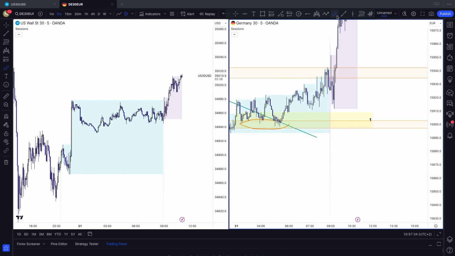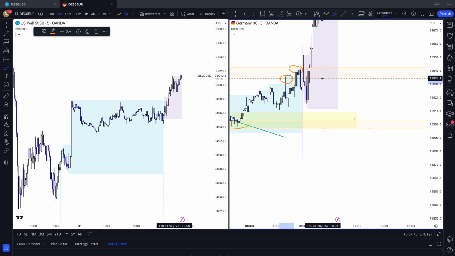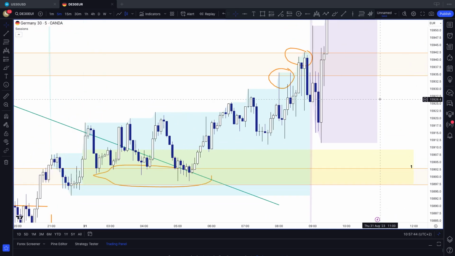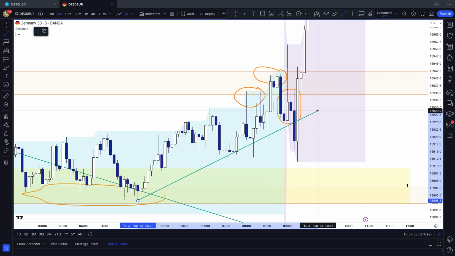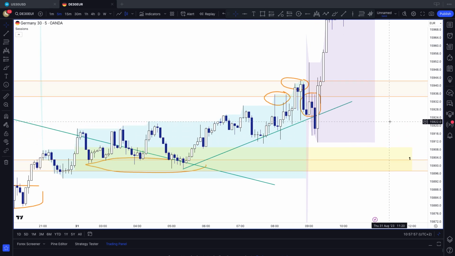I saw that the 5-minute pushed up, forming this head. Then we had this left shoulder, in my opinion. And then, let me enlarge the screen. And then on the right shoulder here, on the right side, we had this price action over here. So the moment this trend line was broken, in my opinion, I was going to look for a short.